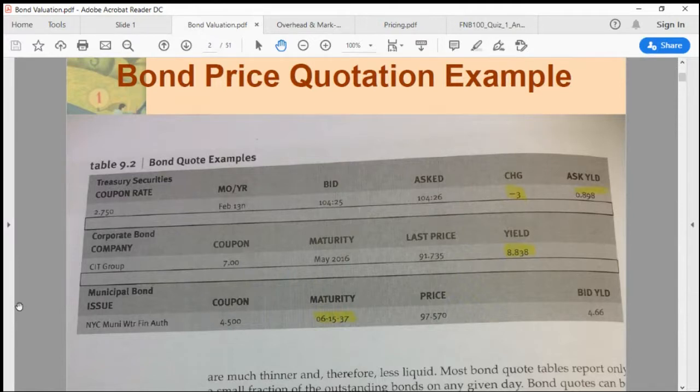The buyer wants to pay as little as possible, right? So there's a difference between bid and ask. That makes sense. But then, I told you the prices are quoted as a percentage of the face value, so that must be the percentage, right?